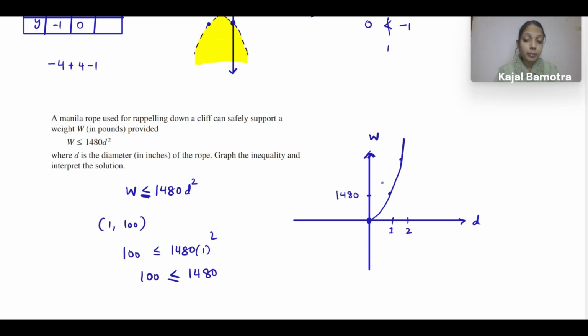So as this is true and this point lies inside, or you can say on the right side of this curve, our shaded part is this. Okay, done. So what does it give you? It gives you the relation between diameter and weight. Alright, let's do the next.